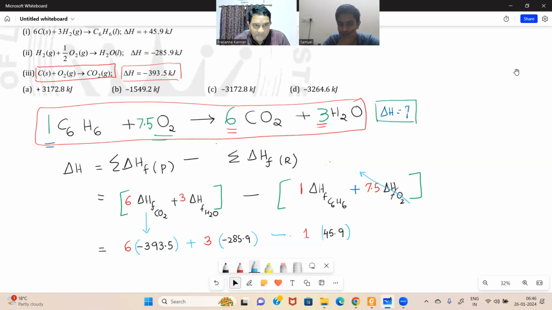Is it very difficult, Samuel? No, sir, I'm doing. No, no, not this solving. I'm talking about, have you been able to understand? When it comes to applying that enthalpy of formation, that's the time where little confusion occurs. No confusion. Now you're clear, right? Now I'm clear. So if you get the fundamentals right, then there is no problem. You can't get a simpler question than this. Only thing is you need to be comfortable with balancing. Second thing is just substitution and multiplication, addition.